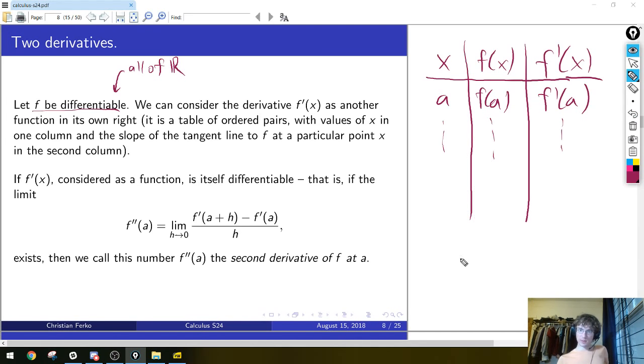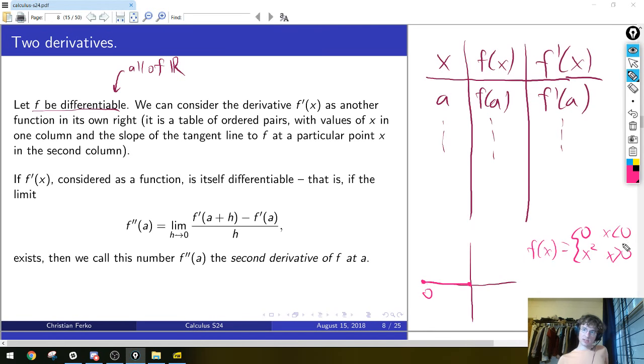Let's see, so how about, yeah, let's do this. I'll stitch together a function which is 0 for x less than 0 and x squared for x positive.